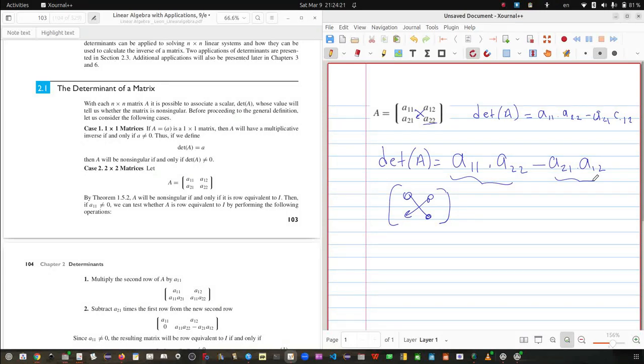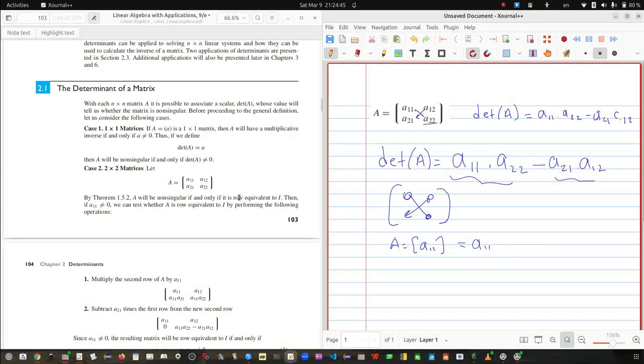So we will generalize this for the bigger one, n by n or 3 by 3, and then simplify to the one-dimensional. One-dimensional means you talk about just one element only, and the determinant is that element itself, A11.